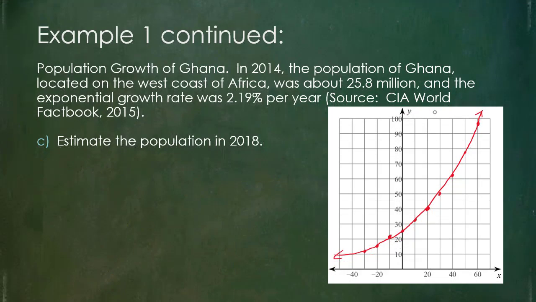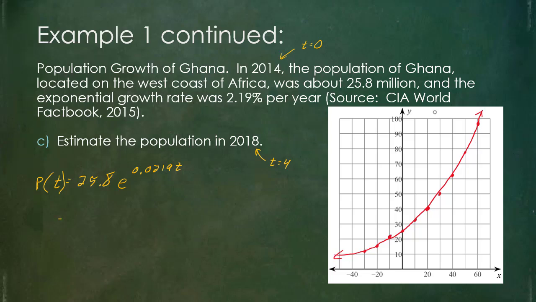Next part of this problem just wants us to estimate the population in 2018. So again, if 2014 was time 0, then 2018 would be when time is 4. So that basically is going to be take my equation, which was P of t equaling 25.8 e to the 0.0219 t.